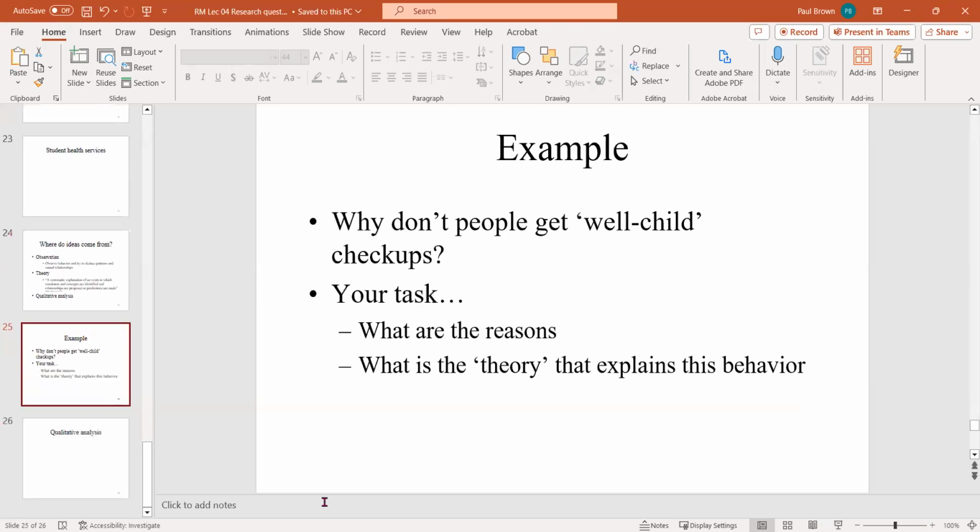So I'm going to send you, when we're done here, a couple papers. There's this one here: Barriers and enablers of sexual health services use among university students, a qualitative study.